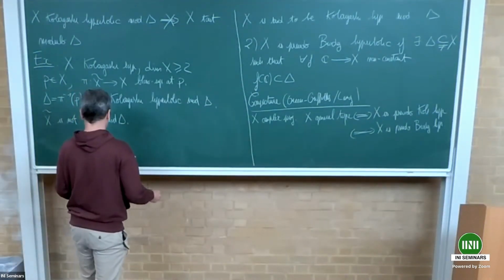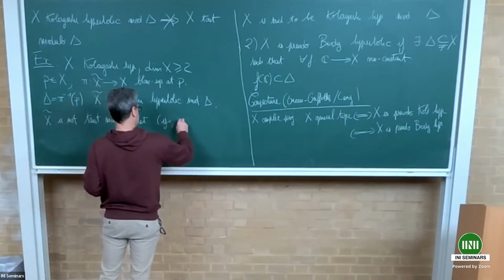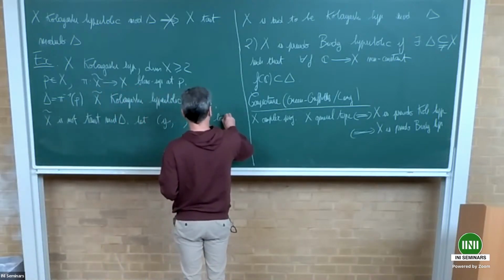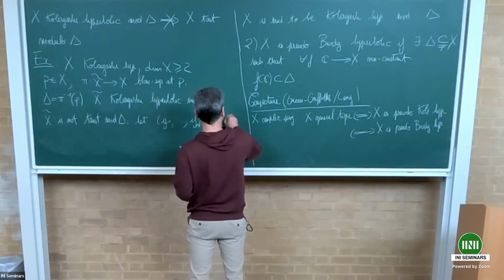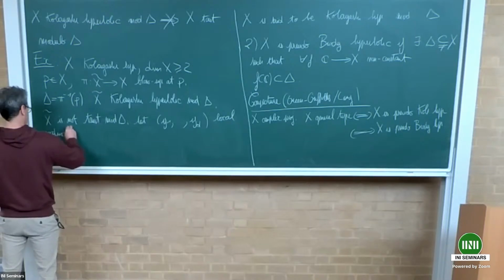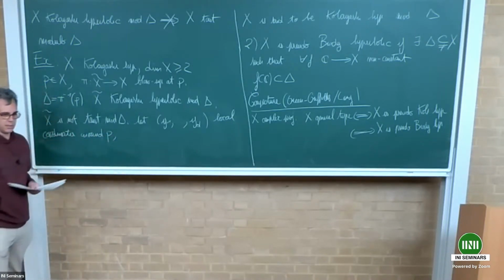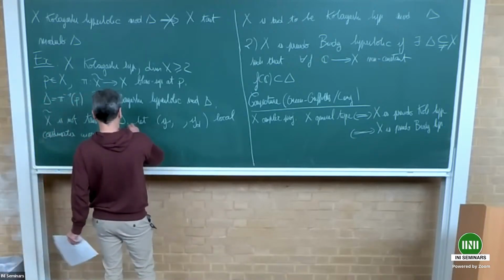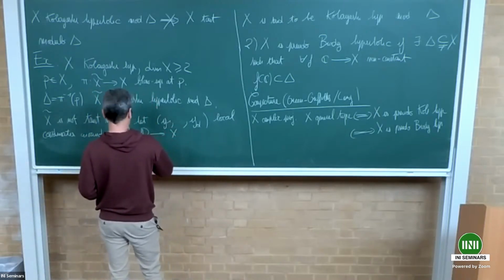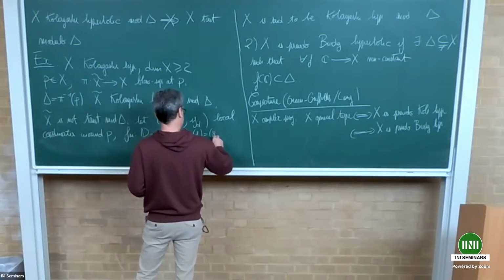So if you pick a local coordinate around P, and you consider the following sequence of maps.